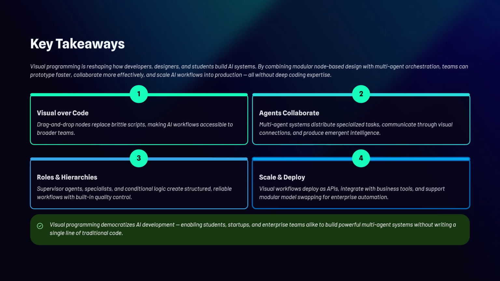Structured agent hierarchies, supervisor agents, and conditional logic help create reliable and scalable workflows with built-in quality control. Most importantly, these visual workflows can be deployed as APIs, integrated with business tools, and scaled for real-world enterprise automation. Visual programming is making AI development more accessible than ever before for students, startups, creators, and enterprise teams alike.